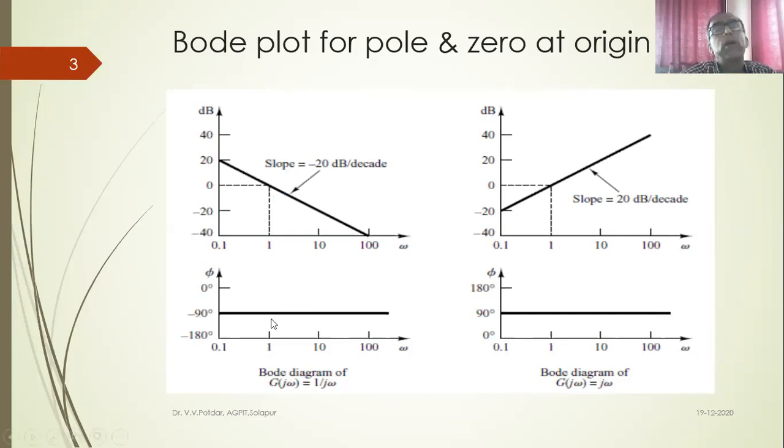Similarly, for the phase angle plot, how do we find the phase angle? If you remember, in the last class we discussed that the phase angle phi for a pole at the origin is found by taking tan inverse of the imaginary part upon the real part. Just refer back to our last lecture.